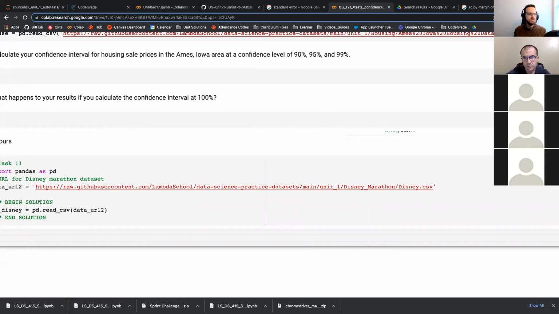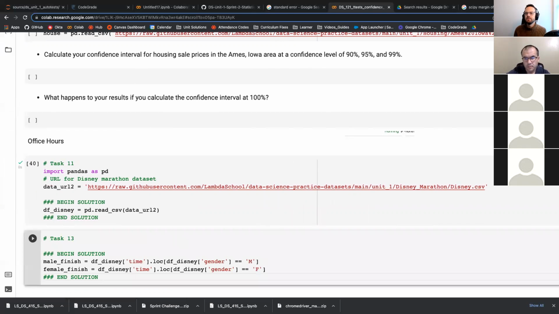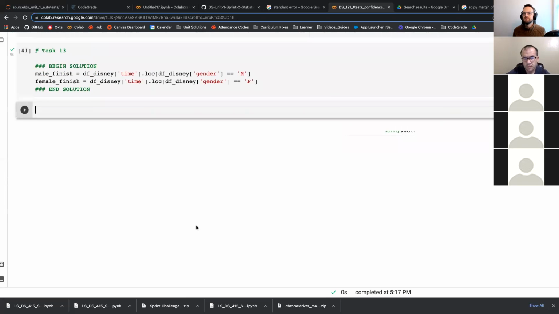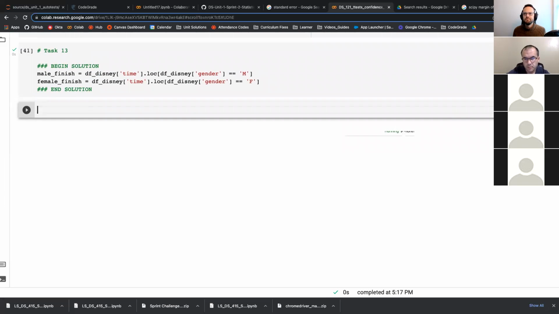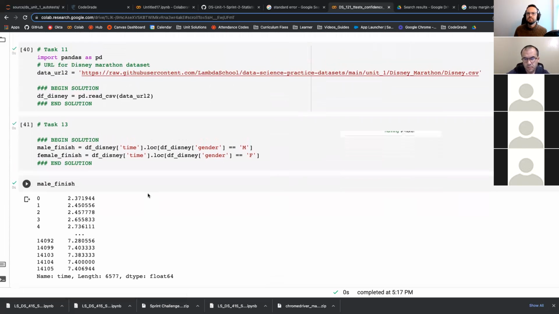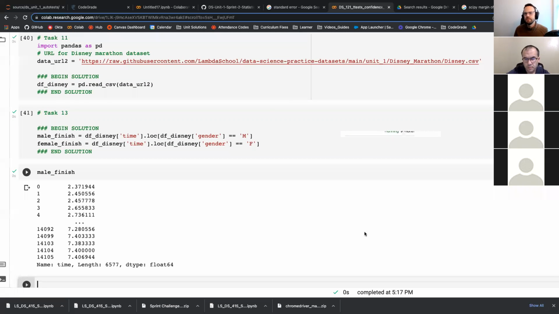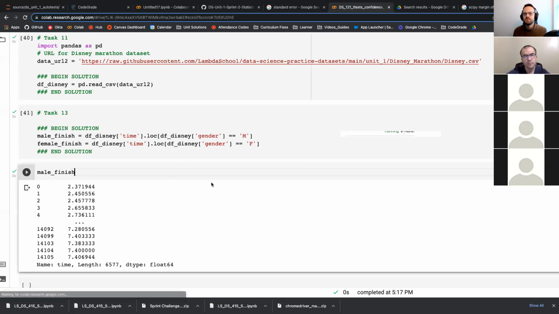Then it has us going through runners. Just grabbing code here willy-nilly. This is going to be in the notebook that's currently attached to class, so you can always go back to that. Okay. So this is your racers for the male racers.